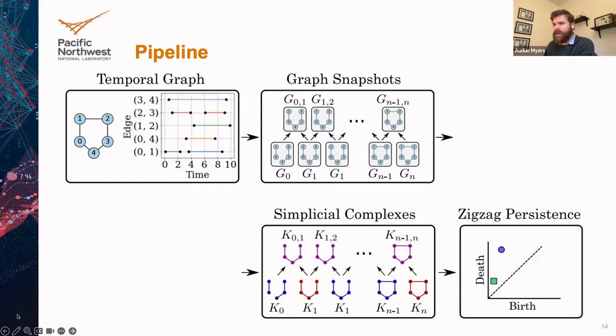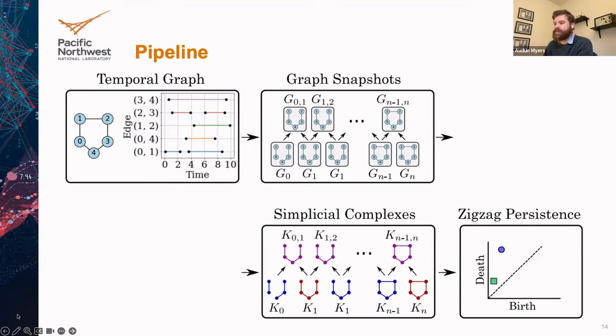So for example, the edge 0, 1, so this edge from node 0 to node 1, is active from about time 0 to time 2, and then about time 4 to time 8. So these show when this edge is active. And if I do a sliding window procedure here, I can get snapshots of this temporal graph and then take their unions between them.